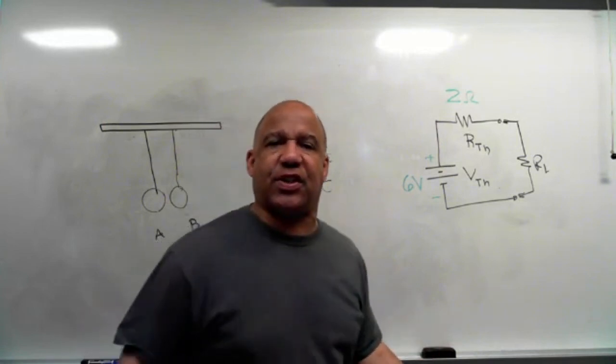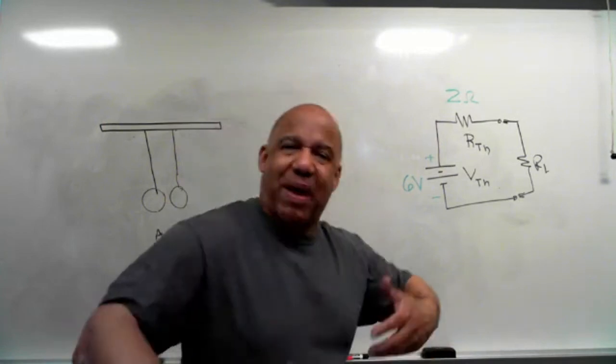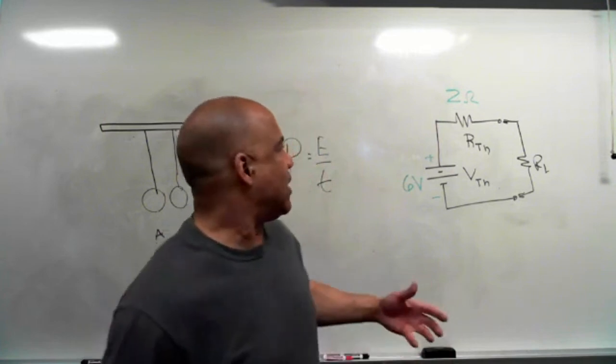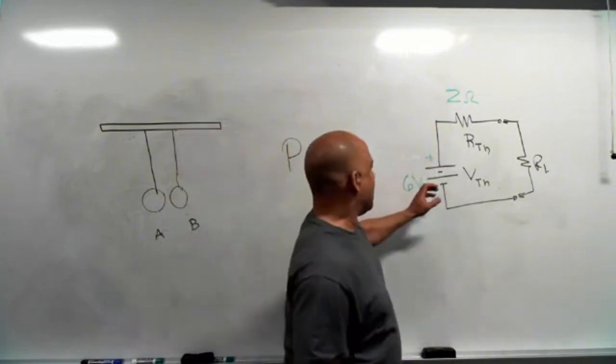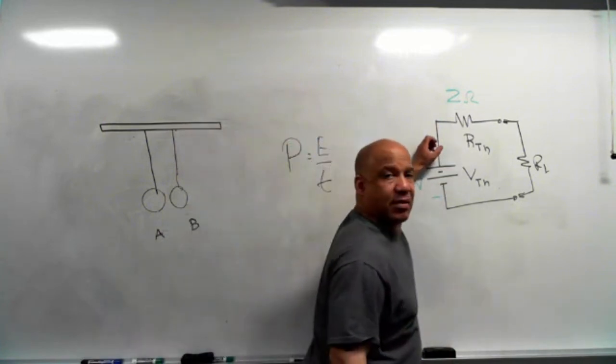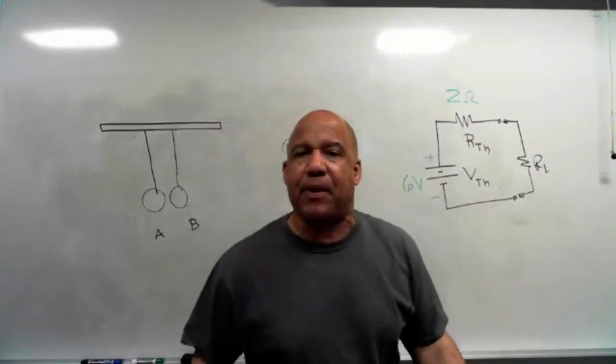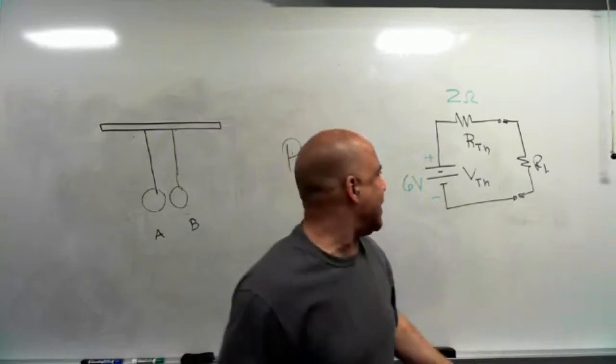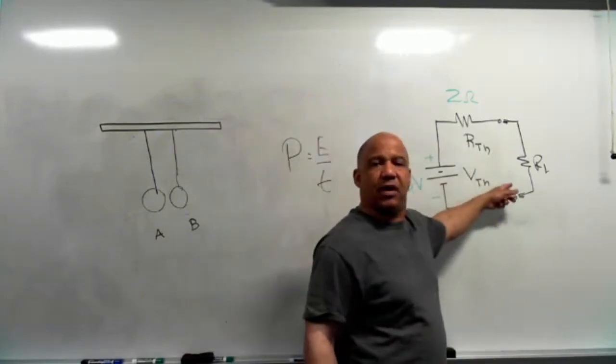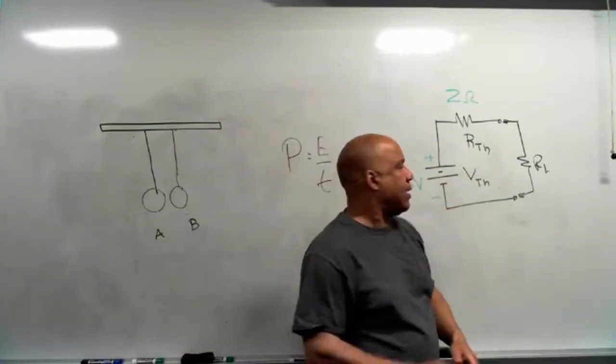Mass is a type of resistance. It's called inertia in physics. So think of resistance as mass. And I want to get energy from one part of the circuit over to the other. The only way that can happen is if the masses, that is, the resistors, are the same.